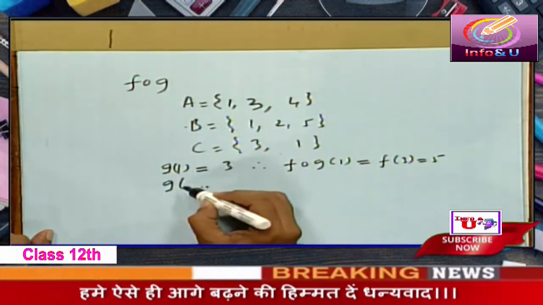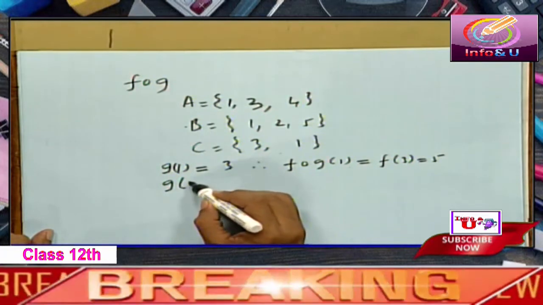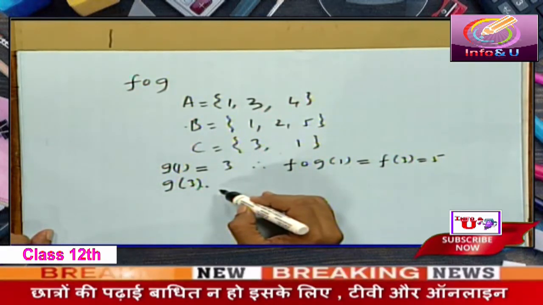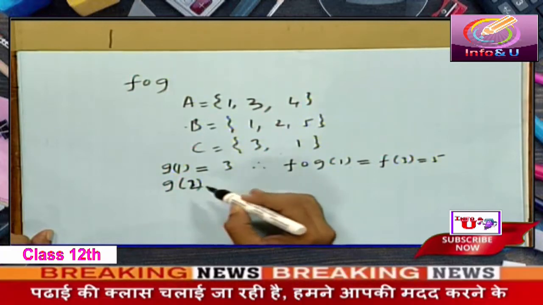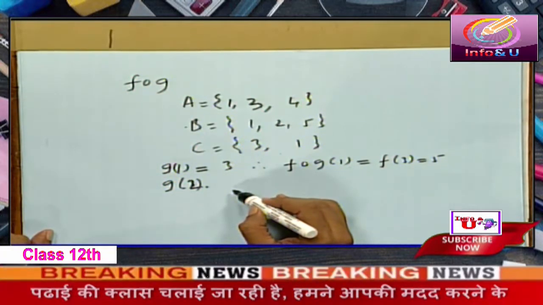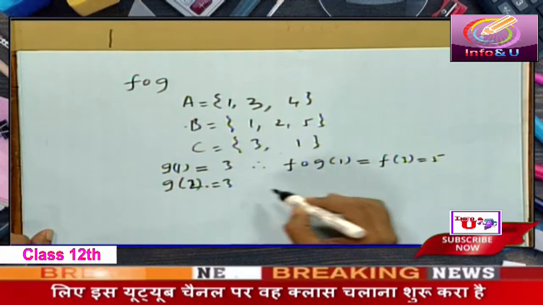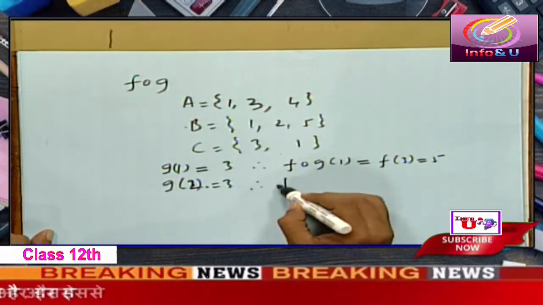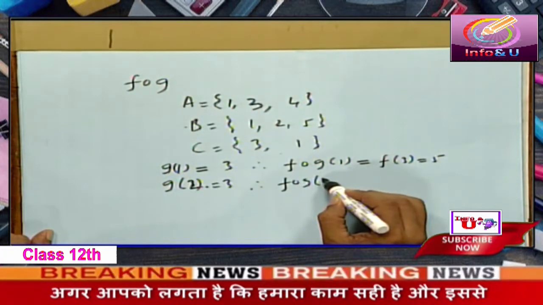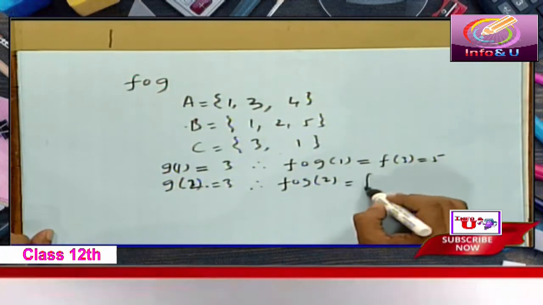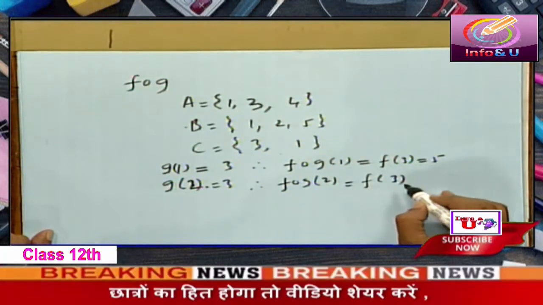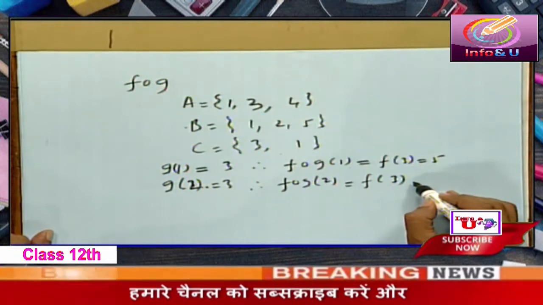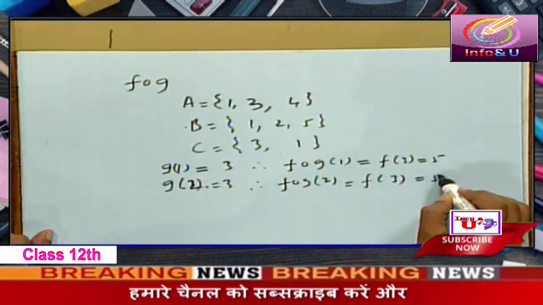Again we take the element 2. So G of 2 is 3. Hence FOG of 2 will be f of 3. F of 3 is simply 5.